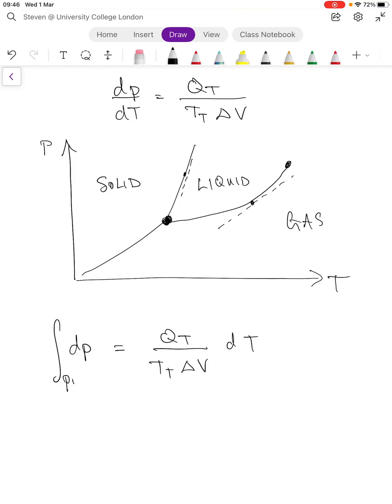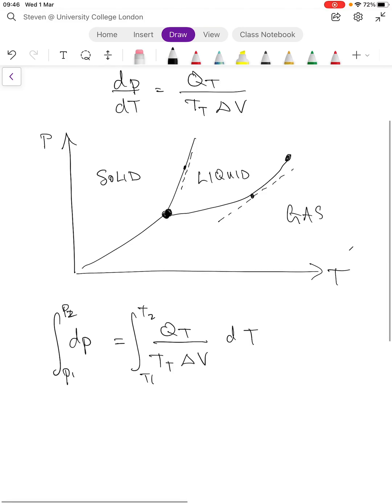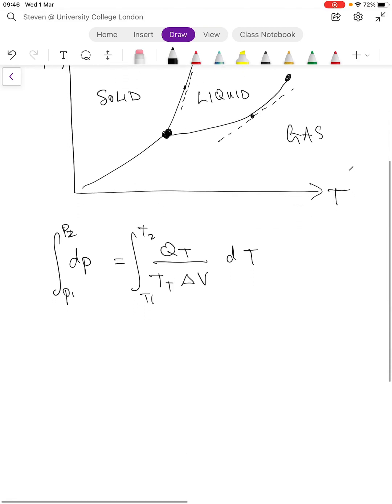We integrate from P1 to P2, and we integrate from T1 to T2, and then we could get a better estimate for how the pressure is changing with temperature along the coexistence line. But in order to do that, we need to know whether these other quantities, Q and ΔV in particular, also depend on the temperature.